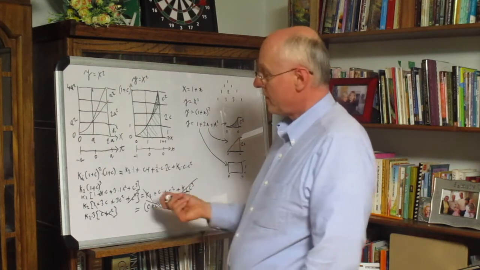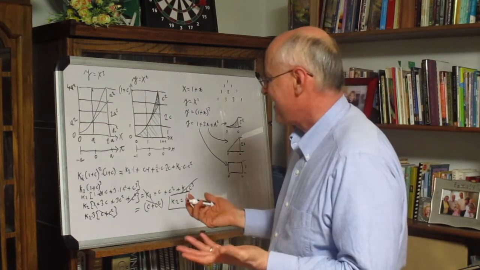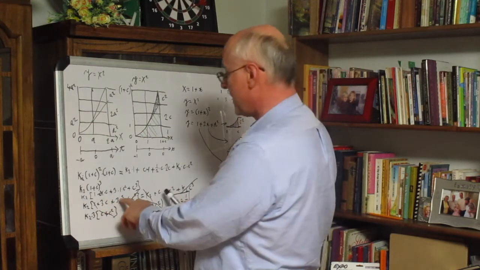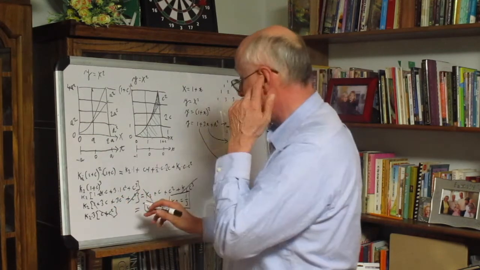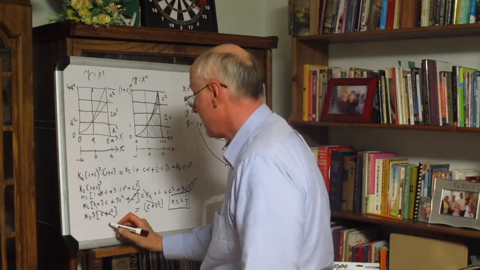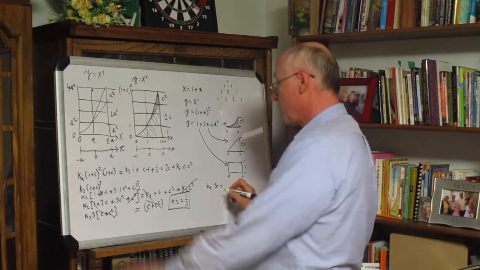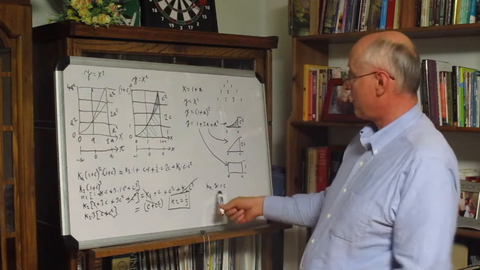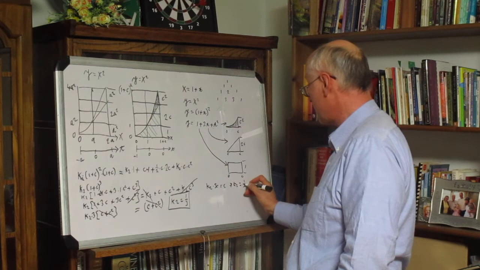Yeah. That's one way to do it. The other way to do it is just collect your C's. The C's must match with the C's. The C squareds must match with the C squareds. You can get the same thing out of it. So what does that say? It says K2 times 3C is equal to 1C. Well, the C cancels out. From this we get K2 equals 1/3. See it?